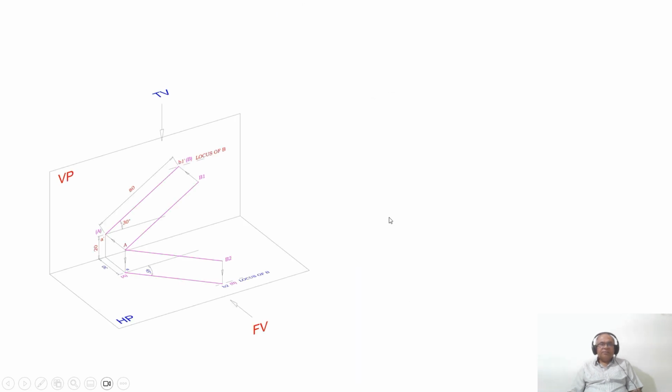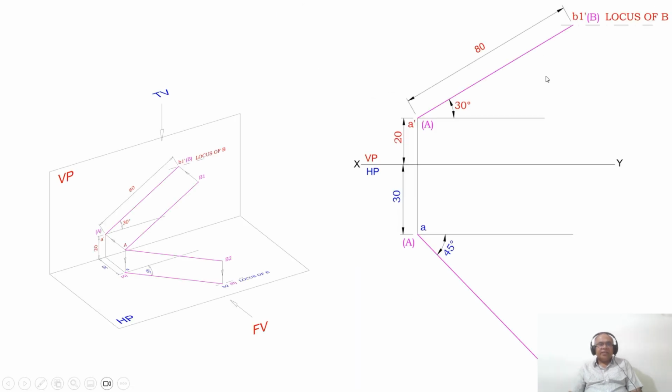Now, when it is being rotated, you can see that first we are going to draw the XY line and mark HP and VP. The distance above HP is 20 mm, so you take 20 mm here and draw a horizontal line. Similarly, from the XY line, you measure 30 mm and draw a horizontal line. That is in front of VP.